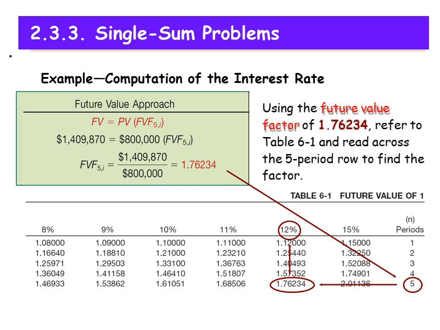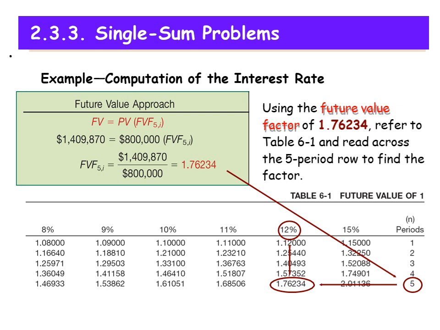Then divide both sides by 800,000. Then 1 plus I to the power of n, where n is 5, equals 1.76234. Then 1 plus I to the power of 5. That means we can raise both sides to the power of 1 over 5.